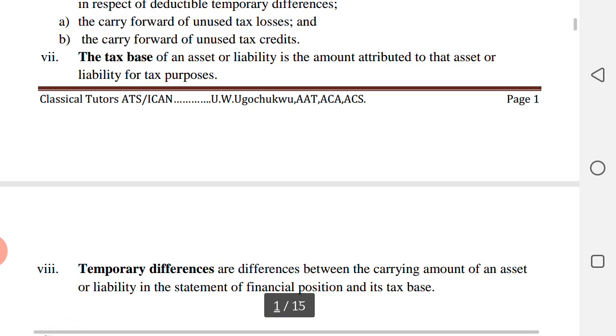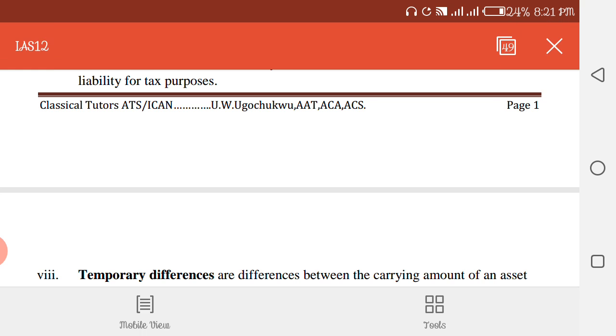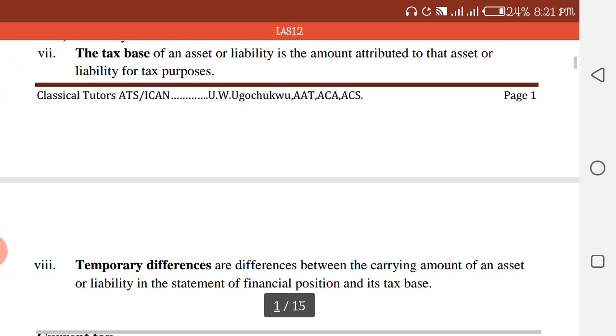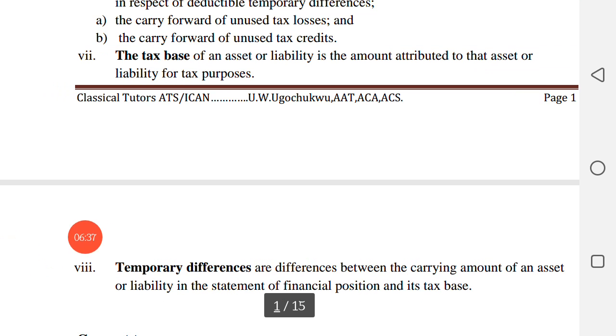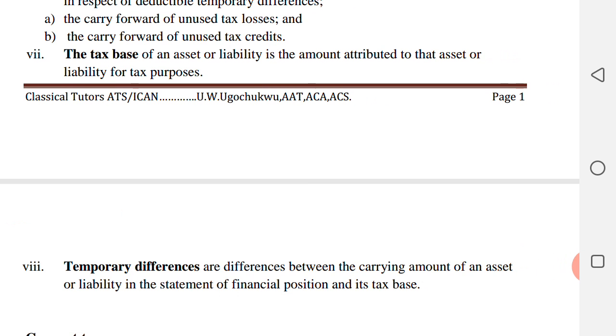Now what is a tax base? The tax base of an asset or liability is the amount attributed to that asset or liability for tax purpose.